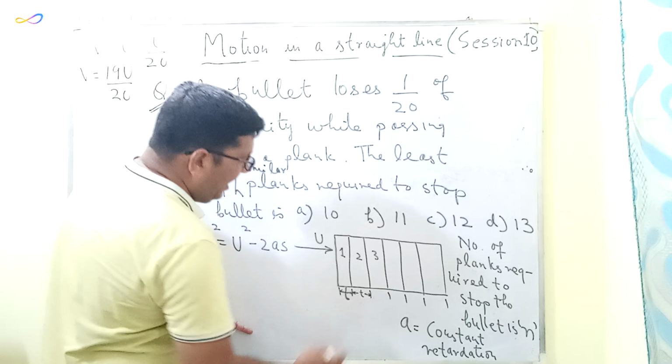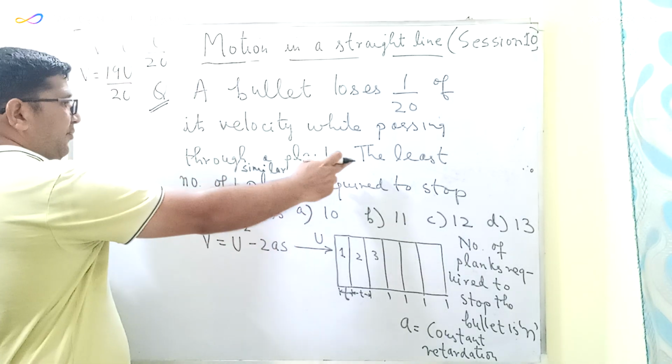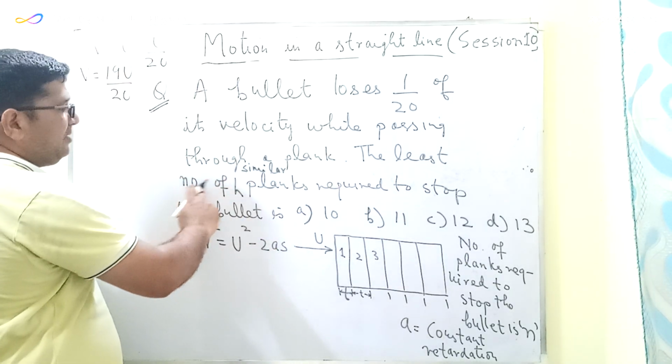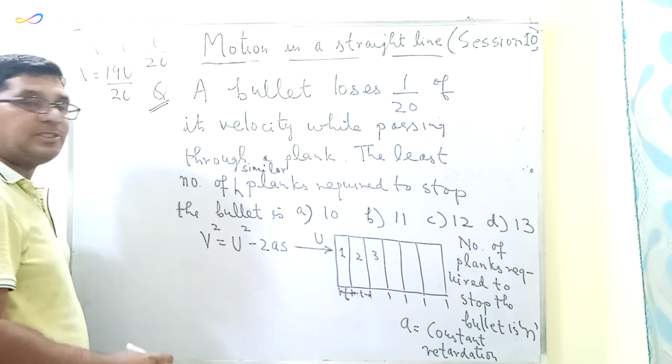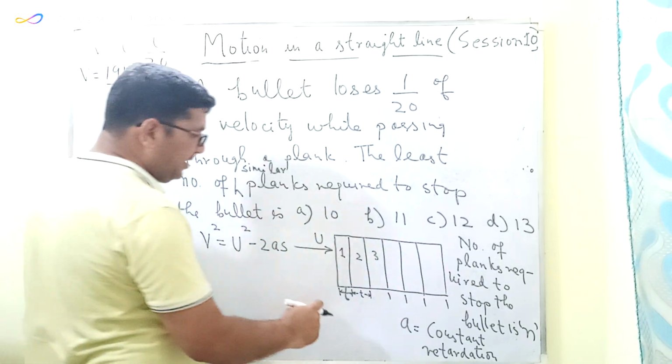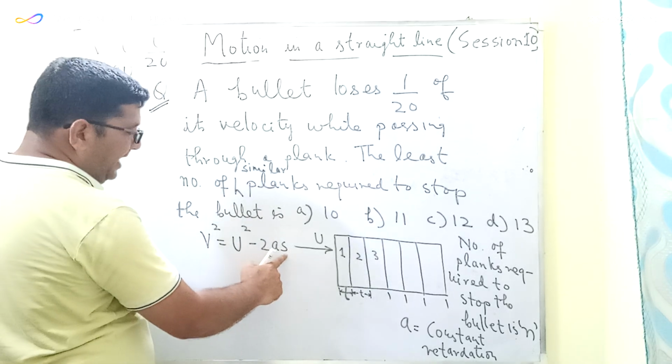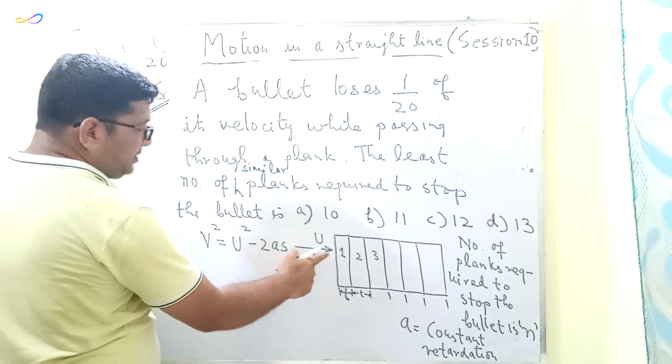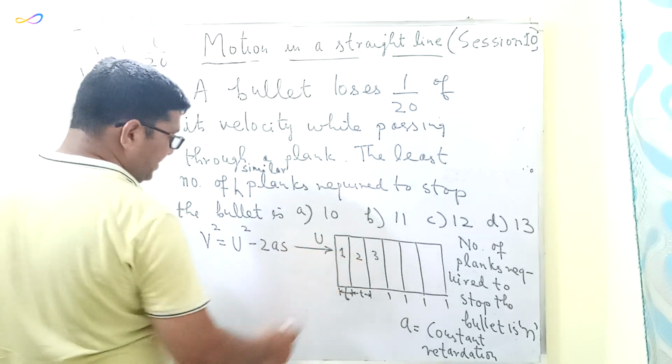Since we are required to find the least number of similar planks which will stop the bullet, the thickness of every plank will be the same, that is t. So s will be equal to t, because the bullet is passing through this distance.